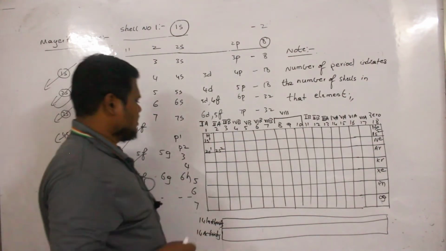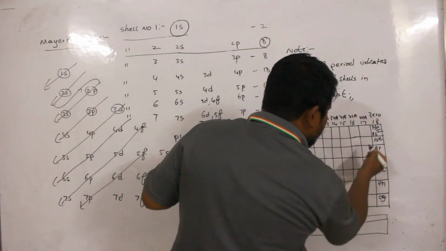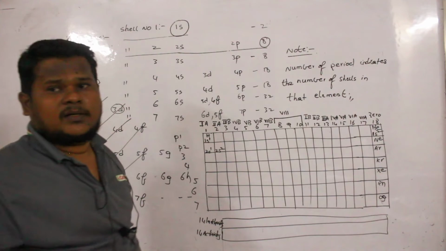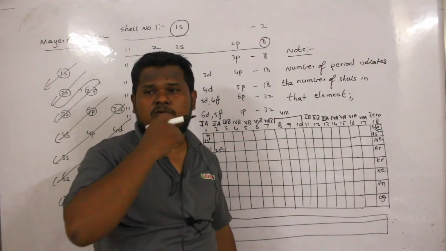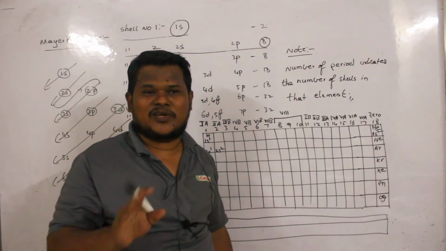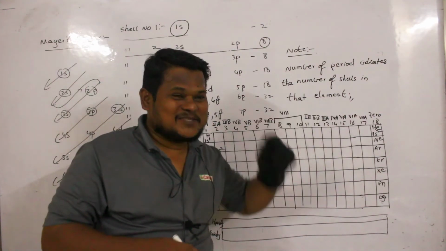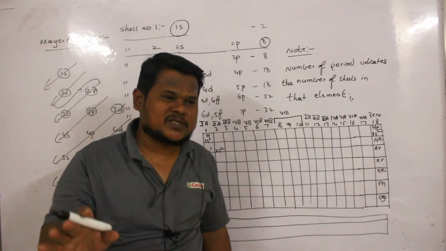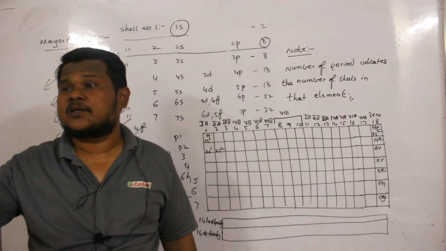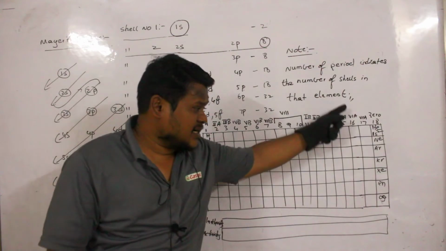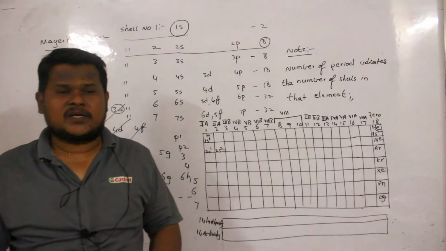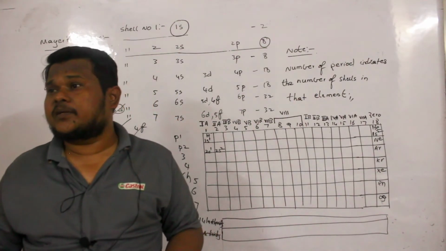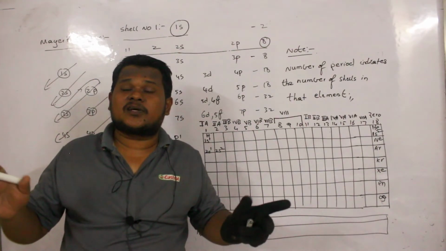So now if I go up to here, what is this configuration? Neon? Tell me. 2p6. Why is it 2p6? Because it is neon. It behaves like an inert gas because all the shells and all the subshells of inert gases are completely filled. Why are they inert? Because they do not react with anybody. Because they are satisfied, they are stable.